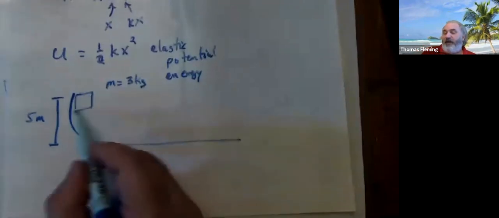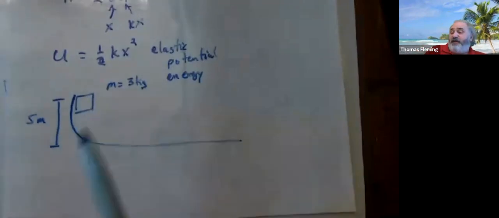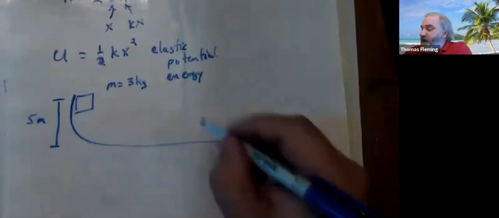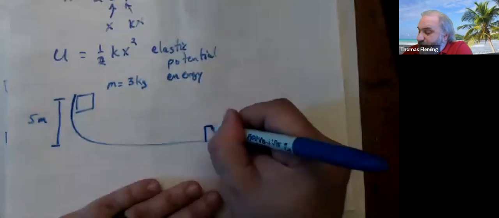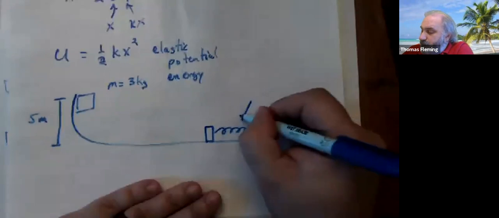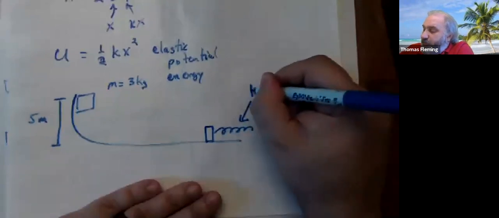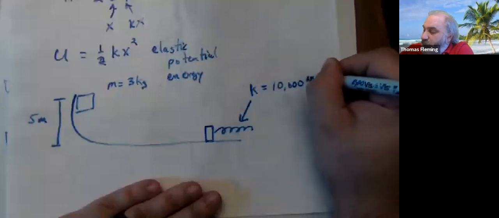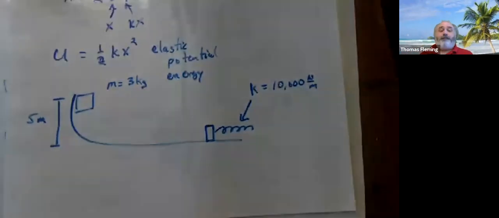I'm going to let this thing go, and it's going to slide frictionlessly all the way down here, picking up speed the entire way. But here at the bottom, I'm going to have it hit a spring. And it's a pretty stiff spring. Let's let k equal 10,000 newtons per meter.